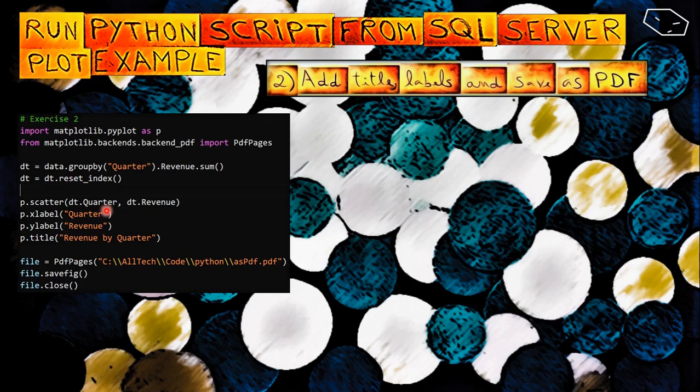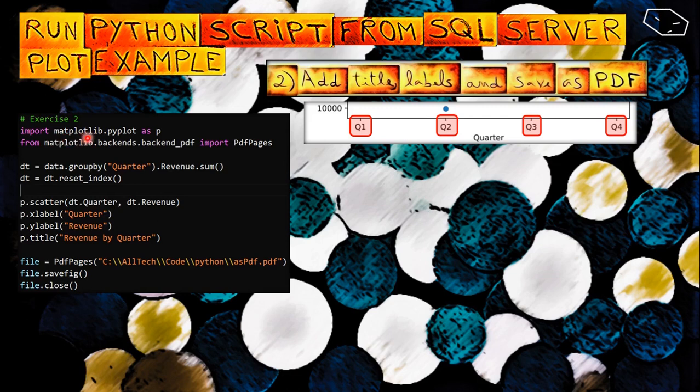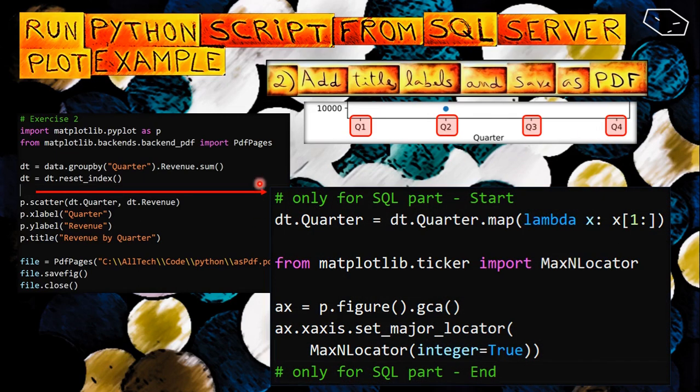And apparently the version of matplotlib in SQL Server doesn't like having strings in the axes, and we have Q1, Q2, Q3, Q4. Okay, to solve this problem we can do a lot of things, but we decided to go this path.